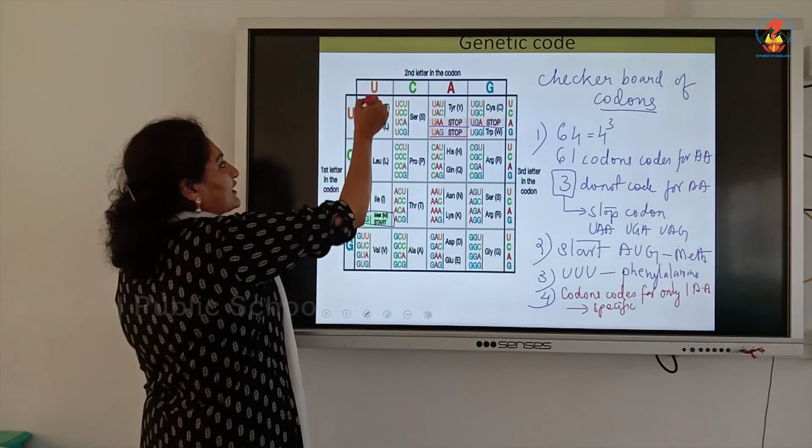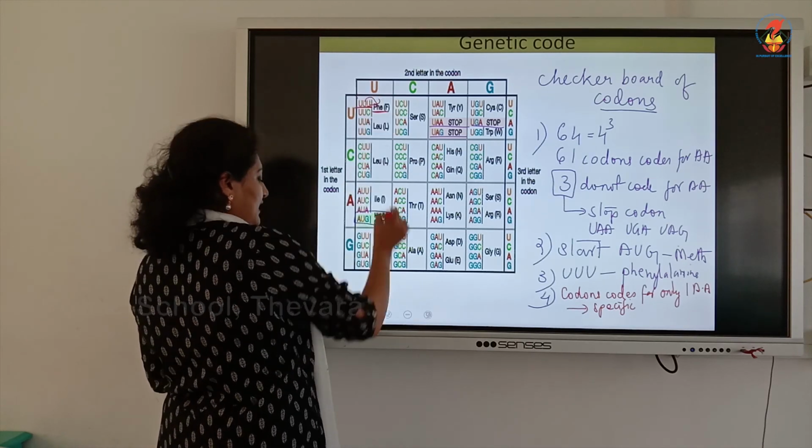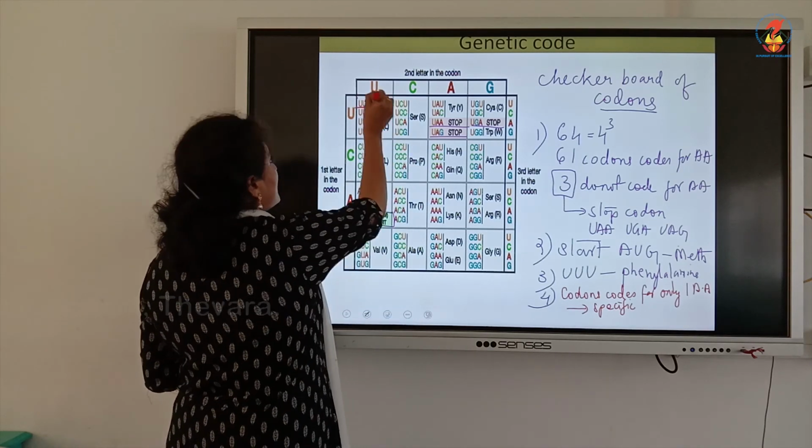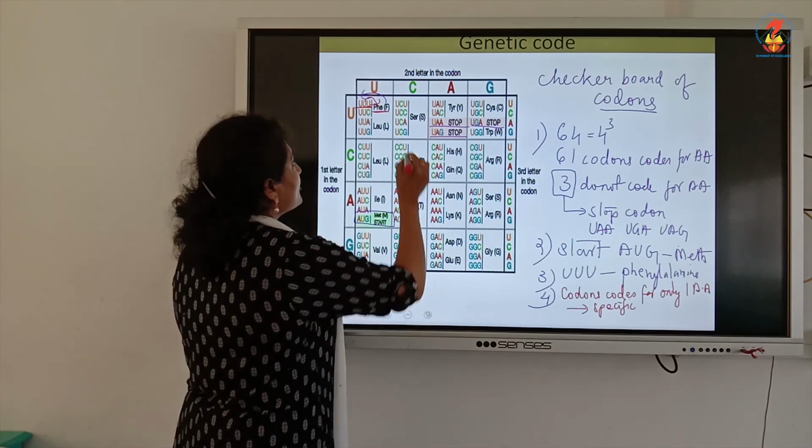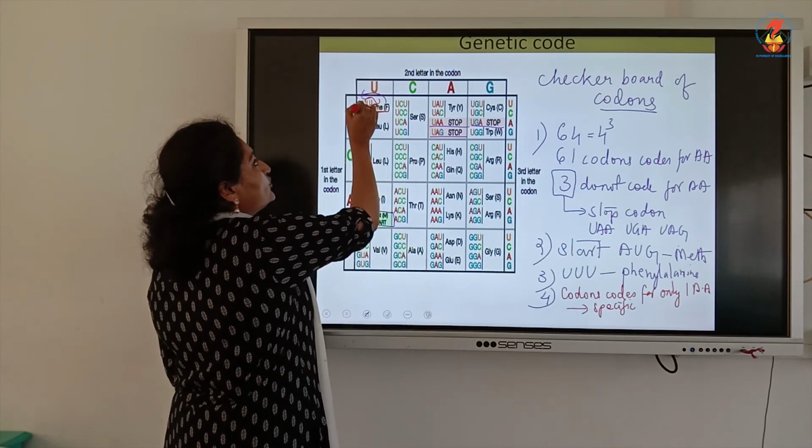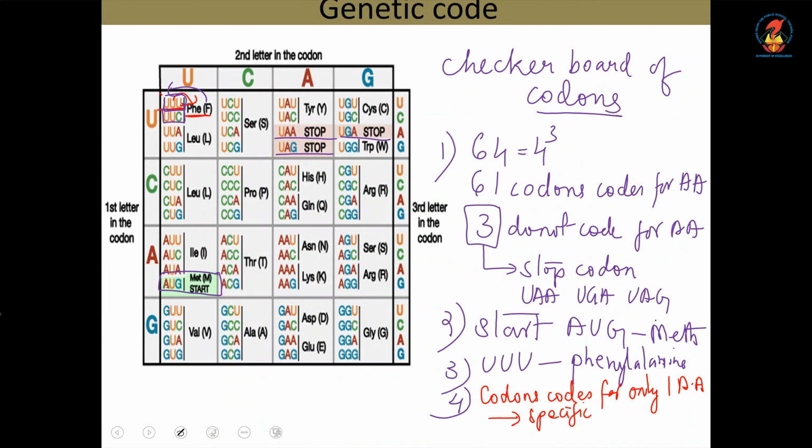But look the other way around. Look at phenylalanine. Phenylalanine is coded by UUU as well as UUC. Look, it is coded by two codons. So, the fifth feature is that some amino acids, not all, are coded by more than one codon.